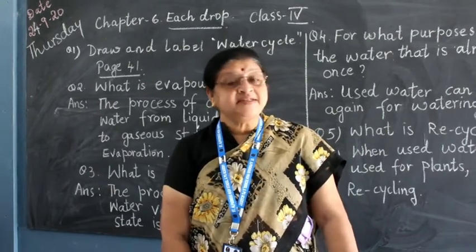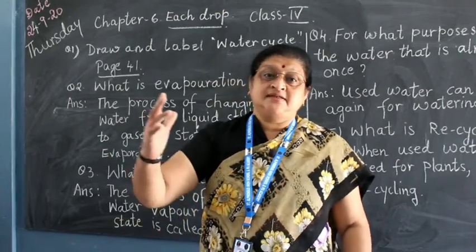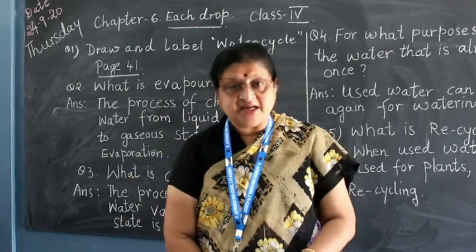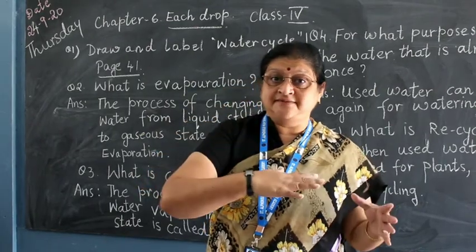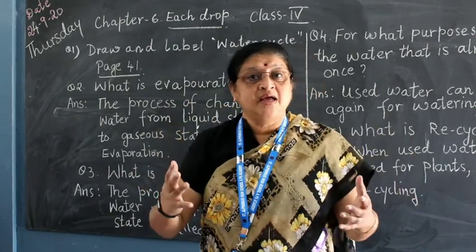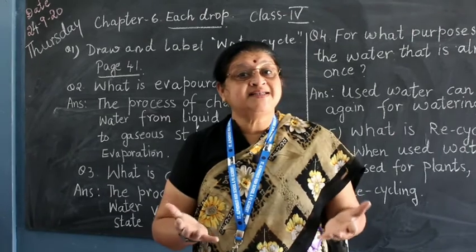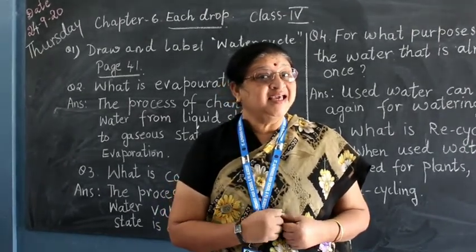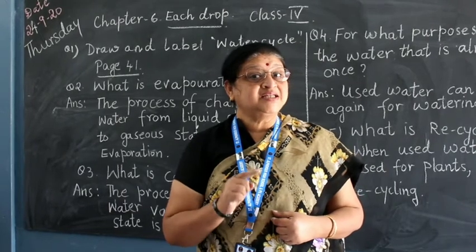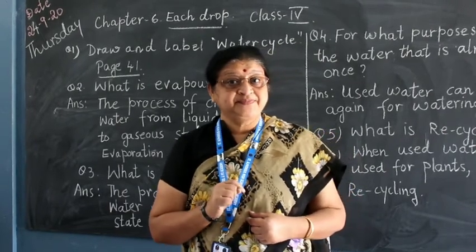So what happens when the sun is falling directly on the earth's surface, on these areas? The water gets heated up. Okay, the water gets heated up. You can see this in picture 41.